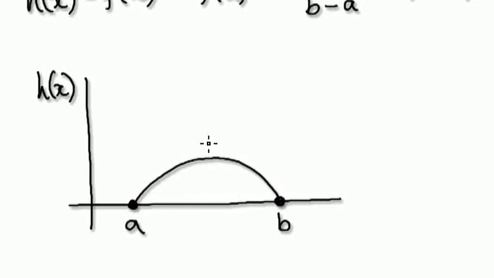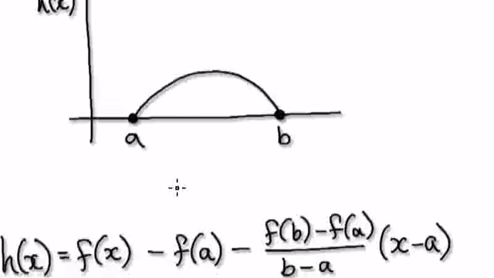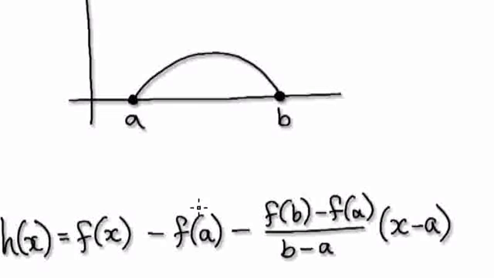Okay, so because we know here f of a is 0, but basically h of x here is 0. H of x here is 0. So we know somewhere in between the gradient must be 0. So now looking at h of x here, we know somewhere the gradient will be 0.